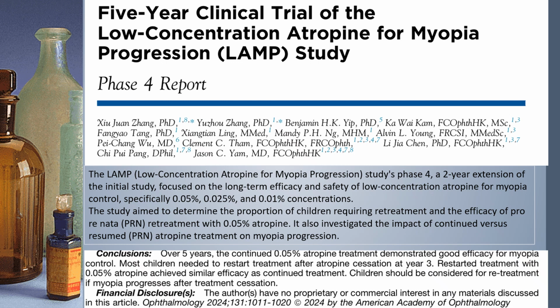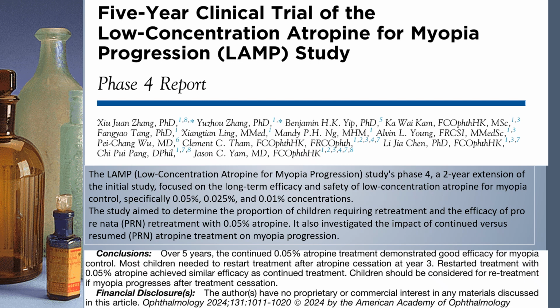Once you stop, because by that time I think the ATLAS study had also come, but they had already planned on doing the study of which patients again progress and require retreatment, and the efficacy of retreatment with 0.05% atropine. It also investigated the impact of continued versus resumed.